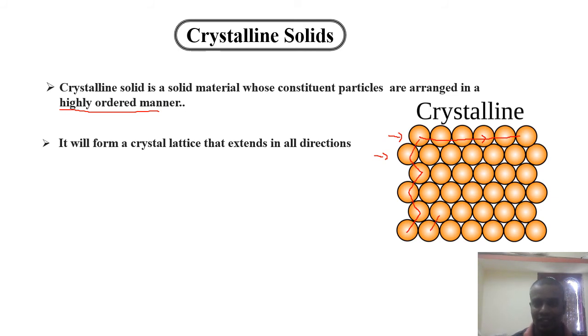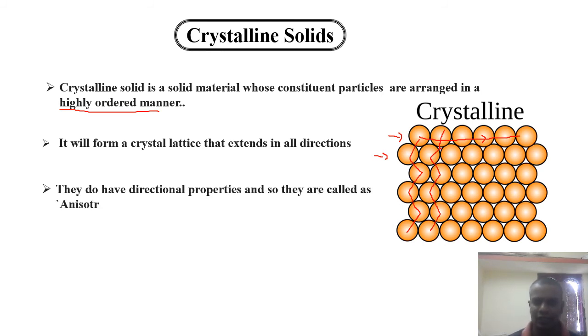If you look at the next array, it is also highly ordered, and in this y direction it is arranged perfectly. That's why we call this solid a crystalline solid. And they have directional properties, so they are called anisotropic substances.